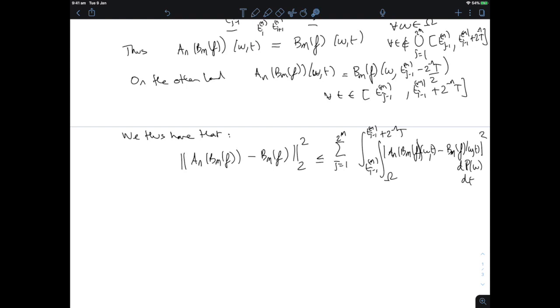I've written it in a not particularly legible manner, but that's because it doesn't matter very much, because I'm just going to control that by the supremum.